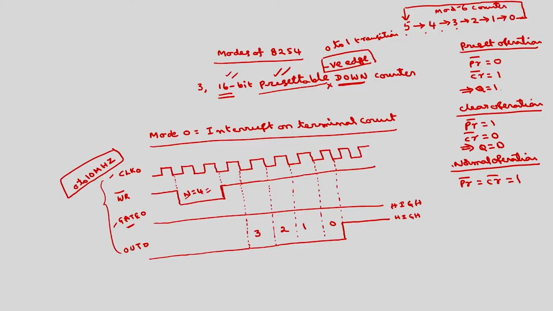So, where will this particular mode 0 be useful? As the name implies, interrupt on terminal count. Once the count is over, I can interrupt the microprocessor. So, basically this will be used to generate accurate time delays under software control.